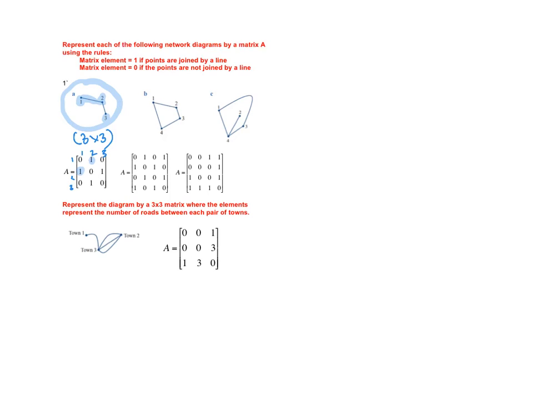Yes. But 2 and 2? No. And 2 and 3? Yes, so we can see that there. And then you do the last one. Between 3 and 1? No. 3 and 2? Yes. There's a path there. And between 3 and 3? No. Okay, so then you can see.